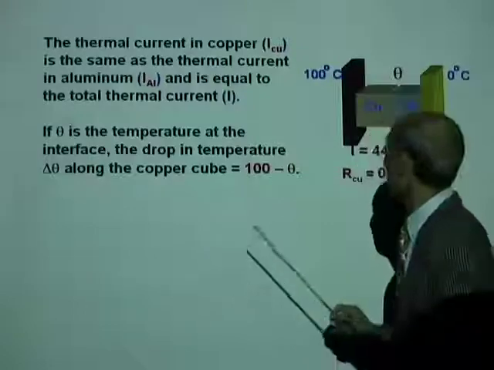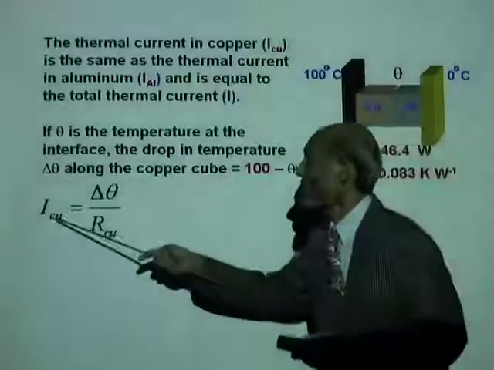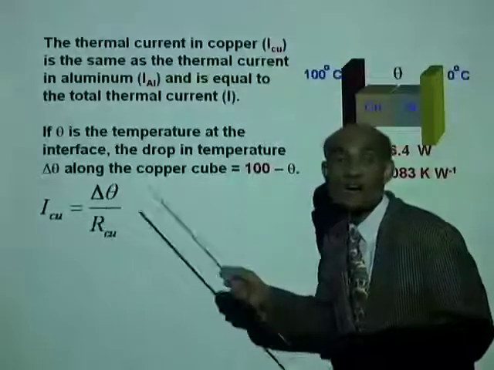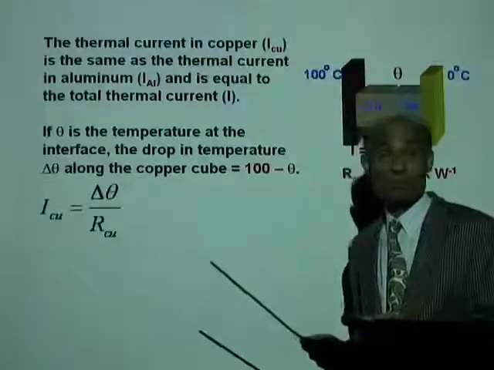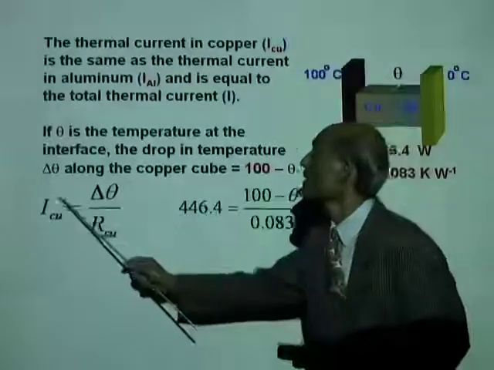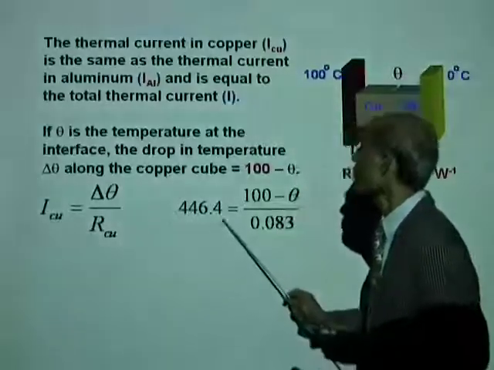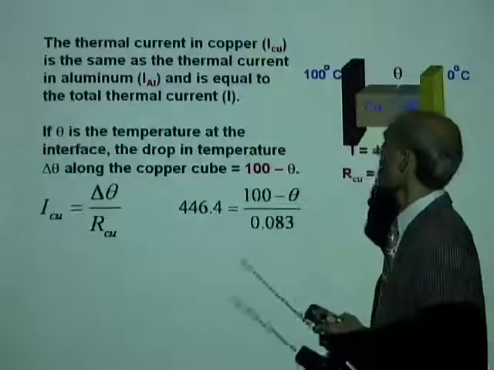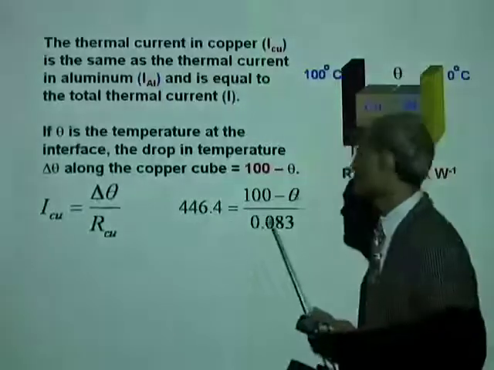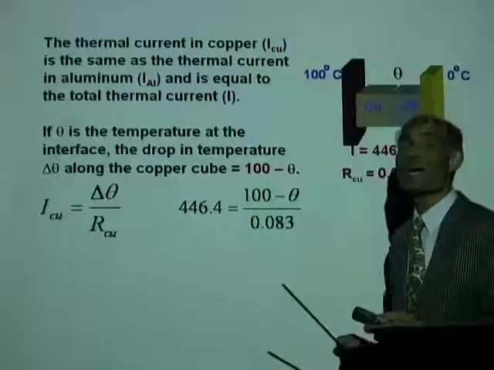And now, you know that I copper equal to delta theta divided by R copper, and therefore 446.4 is 100 minus theta divided by 0.083.